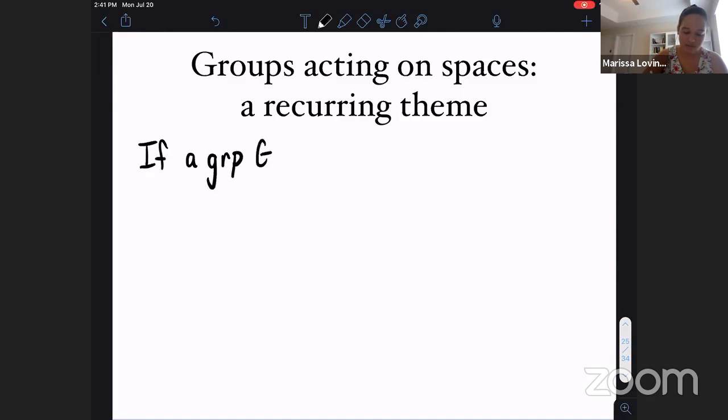So say we have a group G acting co-boundedly. So instead of asking for the quotient to be compact here, I'm just asking for the quotient to have finite diameter.